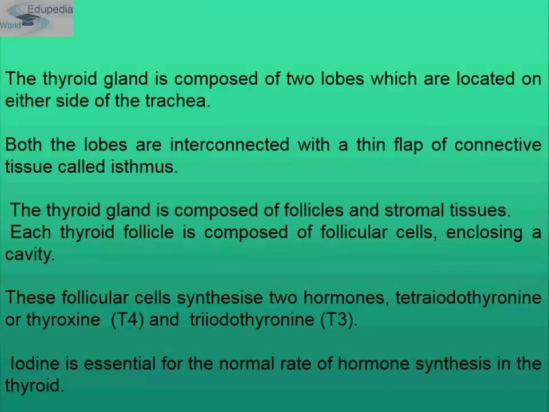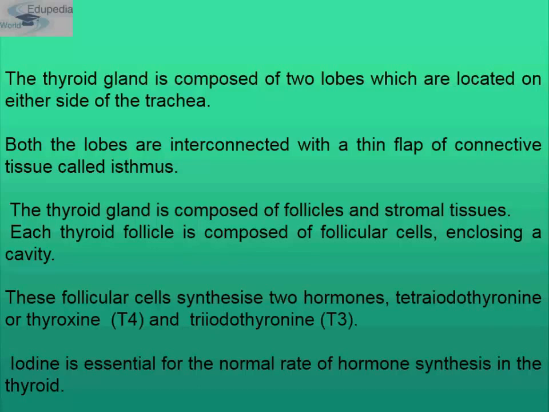Now the thyroid gland is composed of two lobes which are located on either side of the trachea, which I have already taught you, and both the lobes are interconnected by a thin flap of connective tissue which we call the isthmus, as I have shown you in the diagram, but I am giving you the overview again. Okay, the thyroid gland is composed of follicles and stromal tissues.